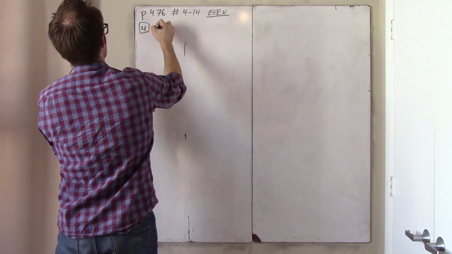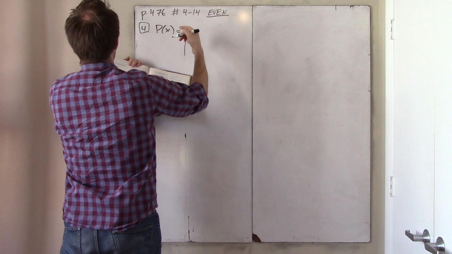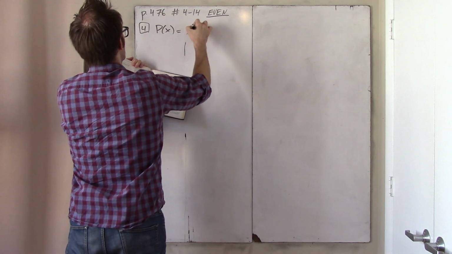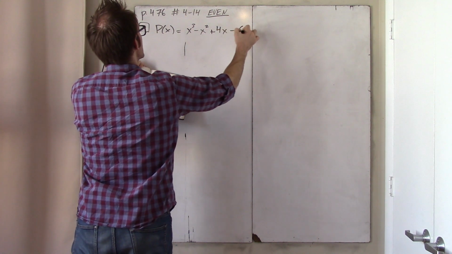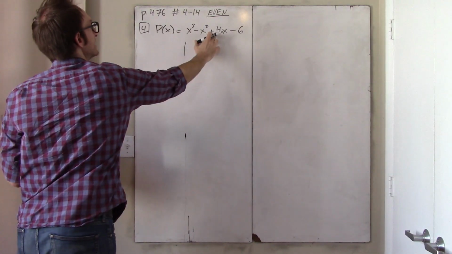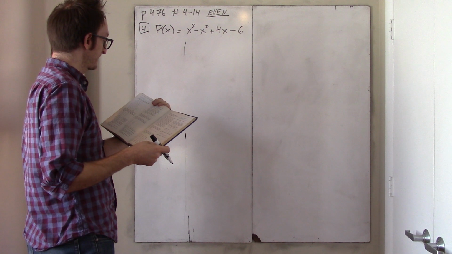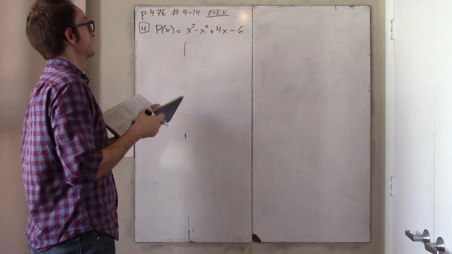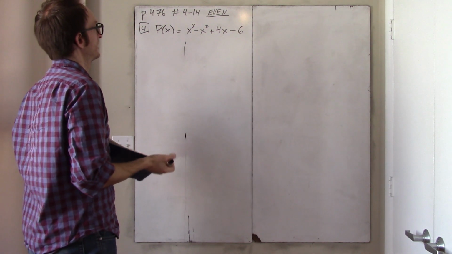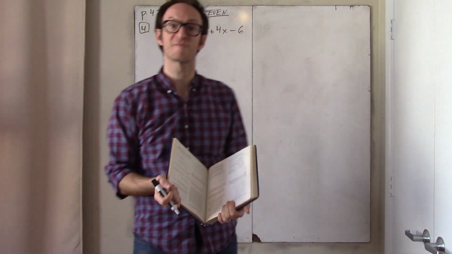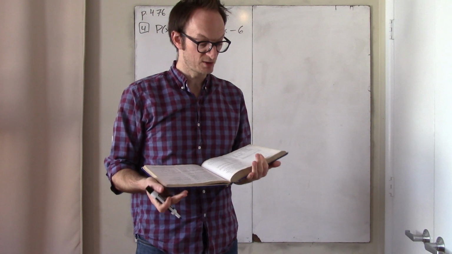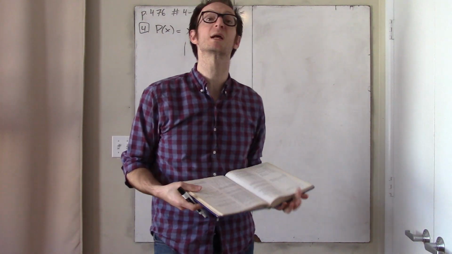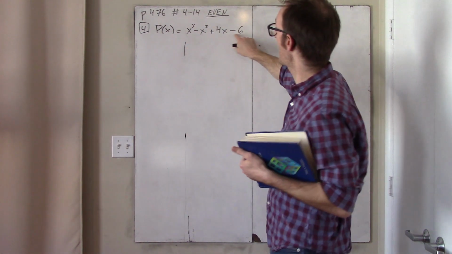Number 4 gives you a polynomial. Here it is, x cubed minus x squared plus 4x minus 6. The big picture is I want to find the roots of this polynomial, but for now we're practicing a very specific skill: can I learn anything by looking at the signs of the coefficients?